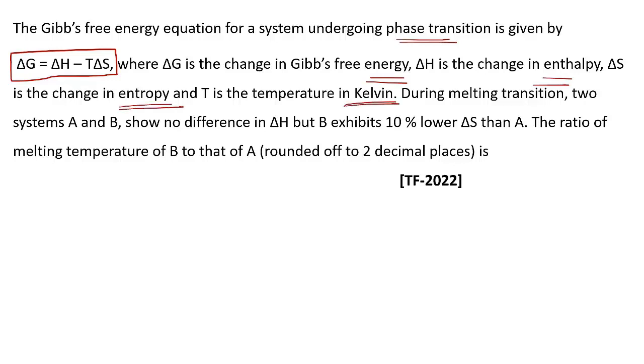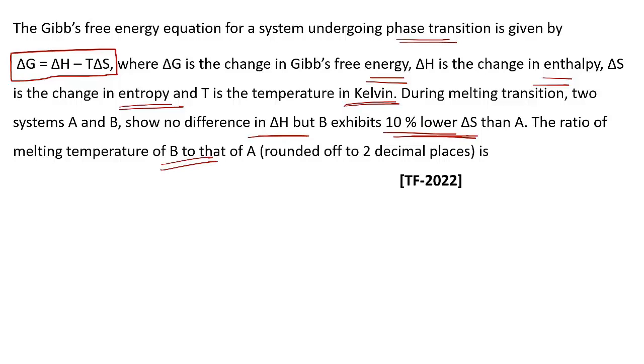During the melting transition, two systems A and B show no difference in delta H, meaning no change in enthalpy, but B exhibits 10% lower delta S than A. That means the change in entropy of B is 10% lower compared to A. The ratio of the melting temperature of B to that of A, rounded off to two decimal places, is asked.